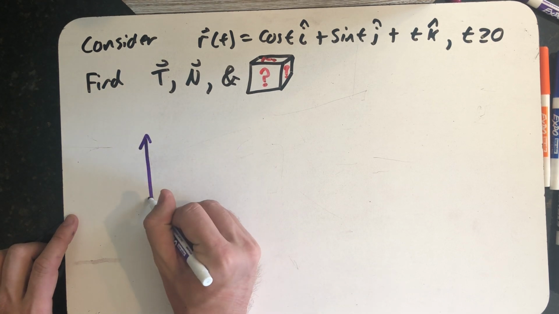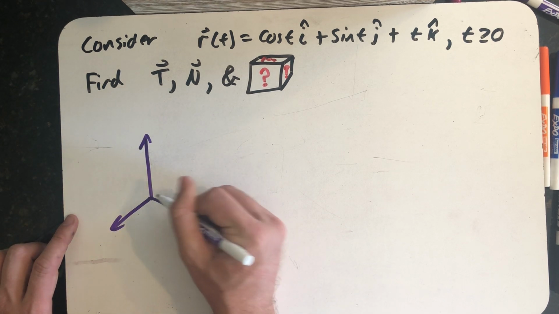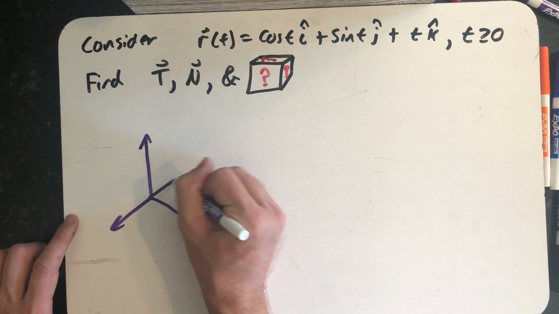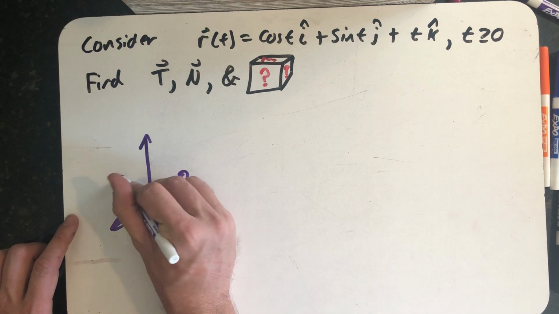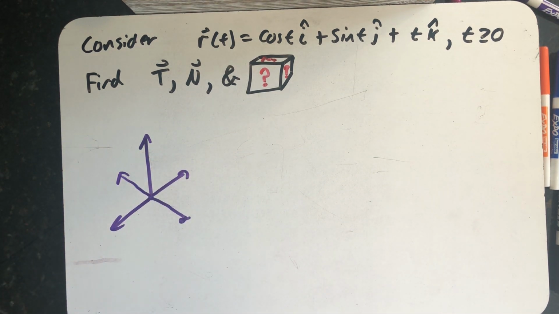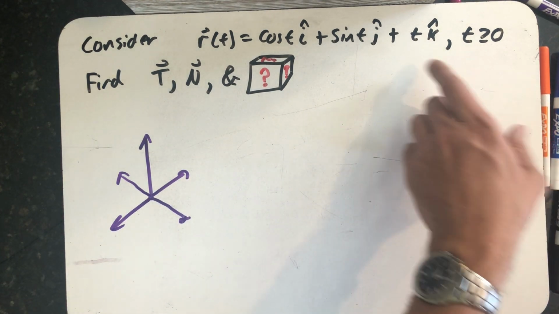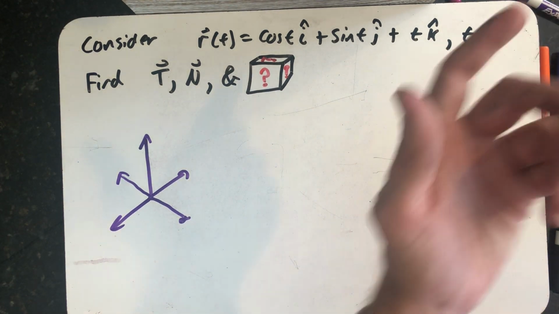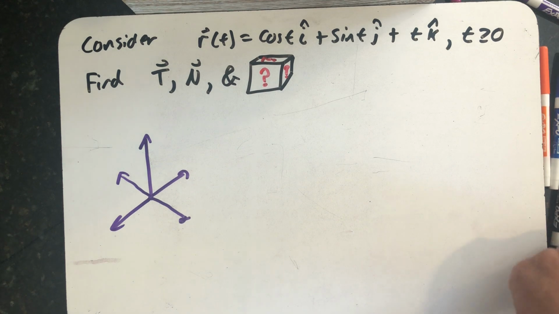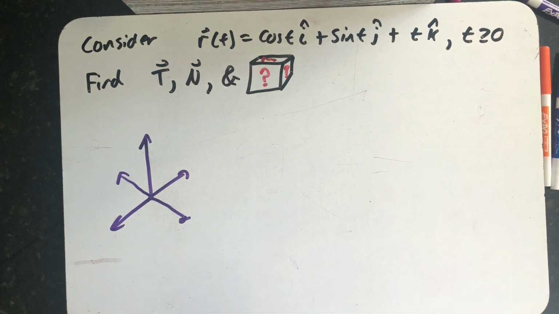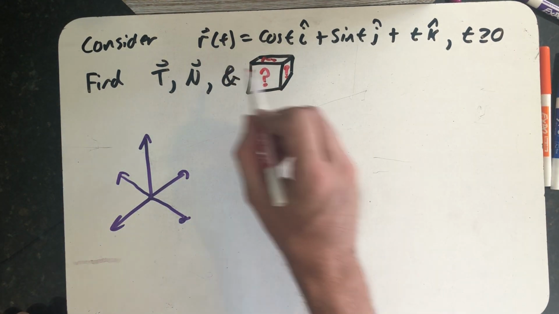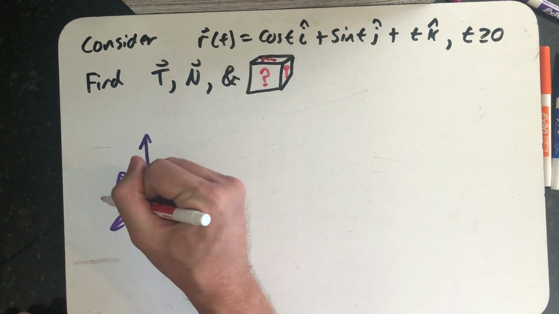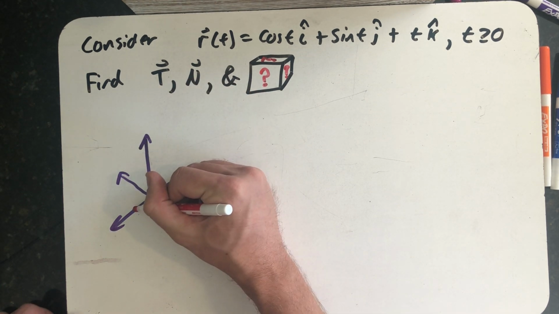So I want to be in a right-handed coordinate system. And we've looked at this helix before. And I know it's above the xy plane because t is bigger than or equal to 0, which means the z-coordinate is bigger than or equal to 0. And if I plug in 0 for t, I'll start at this point, and I spiral around the z-axis.